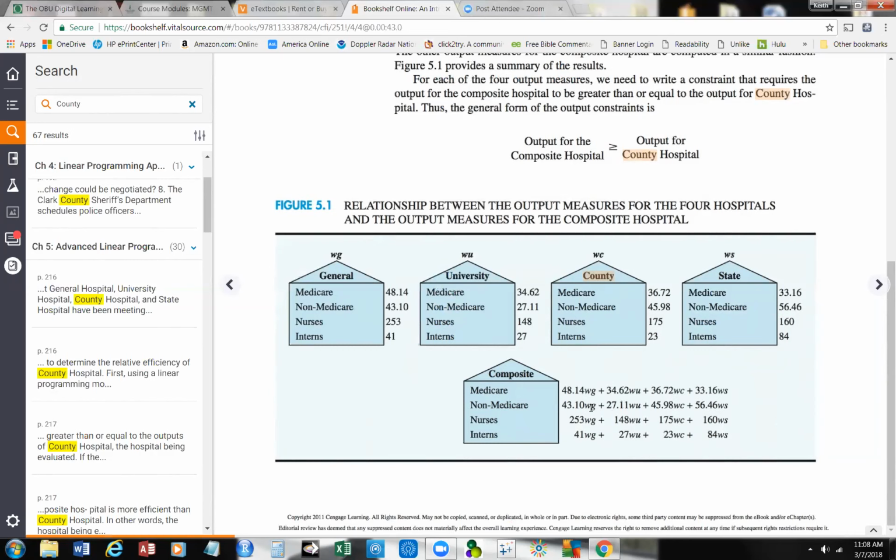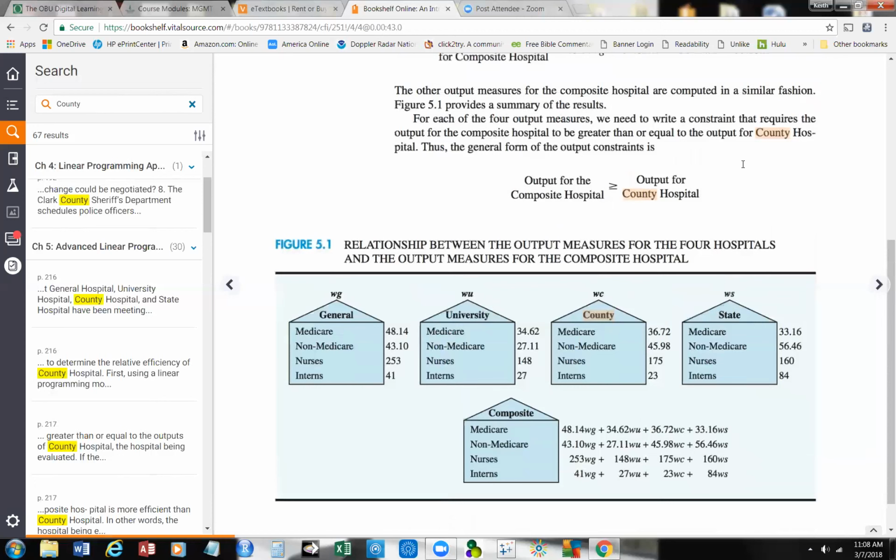What you're looking at here is patients and caregivers. And so what we're saying is that the output for the composite hospital, and again I talk about system equifinality, is equal to or greater than the county hospital. And they give us the general form of the output constraint.